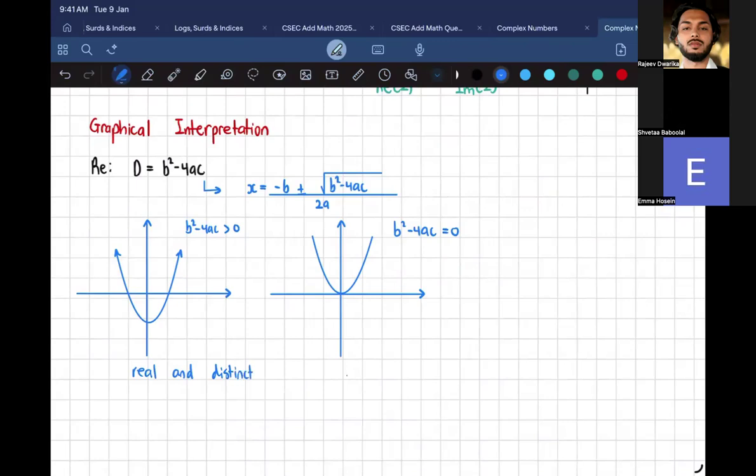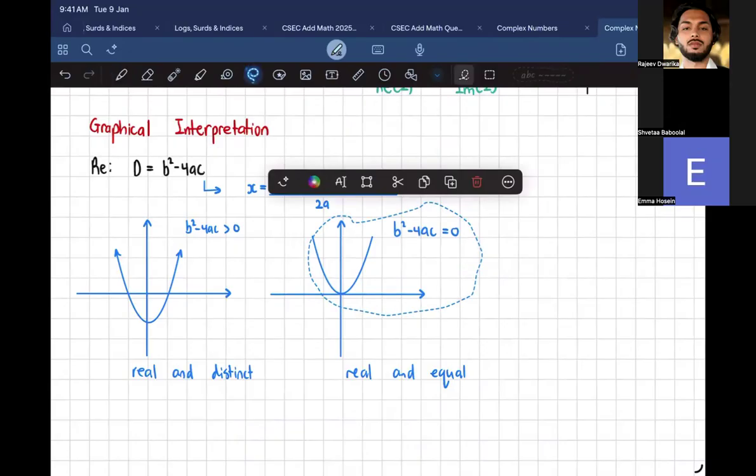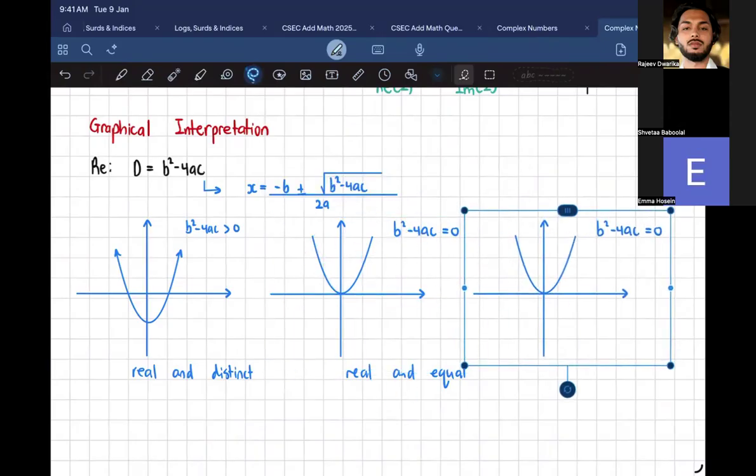Distinct. This would be real and equal. And Shweta, when the discriminant is negative, something crazy happens, right? Do you know how the graph for that would look? Tell me, Shweta. Does this look like the Argand diagram?